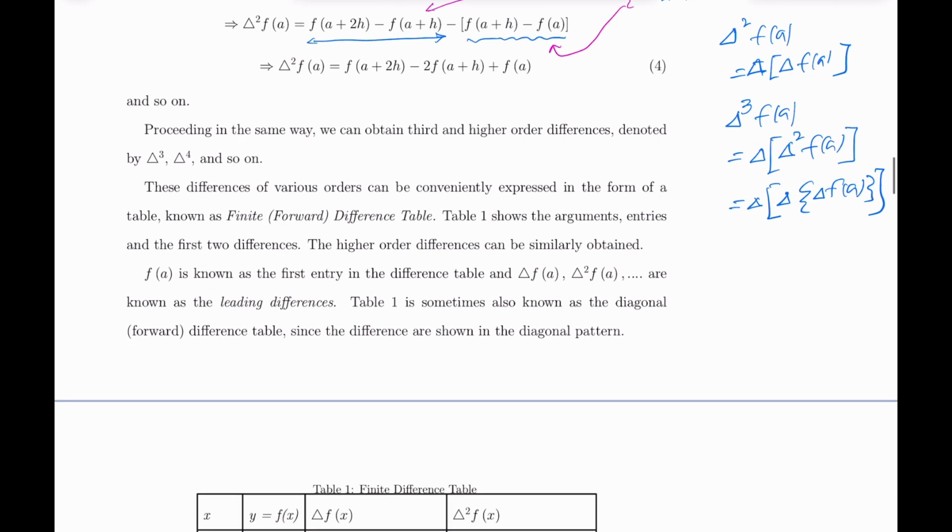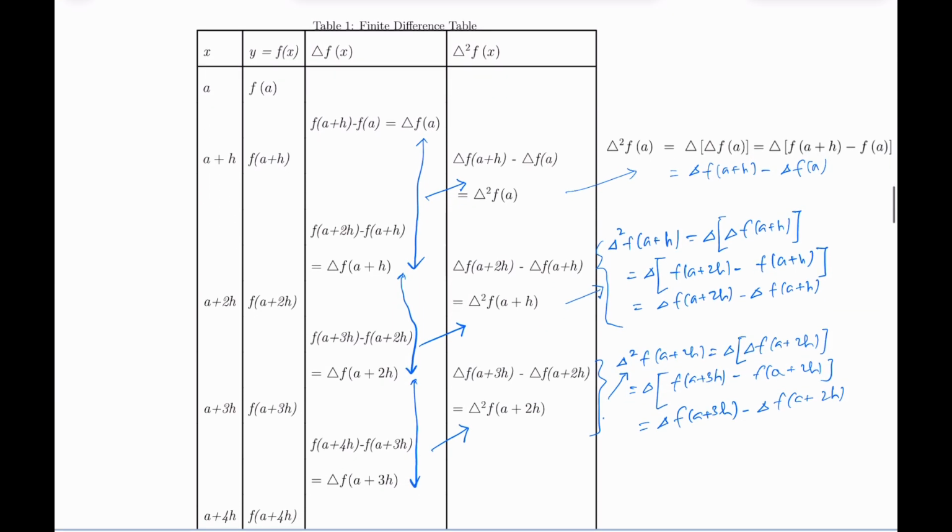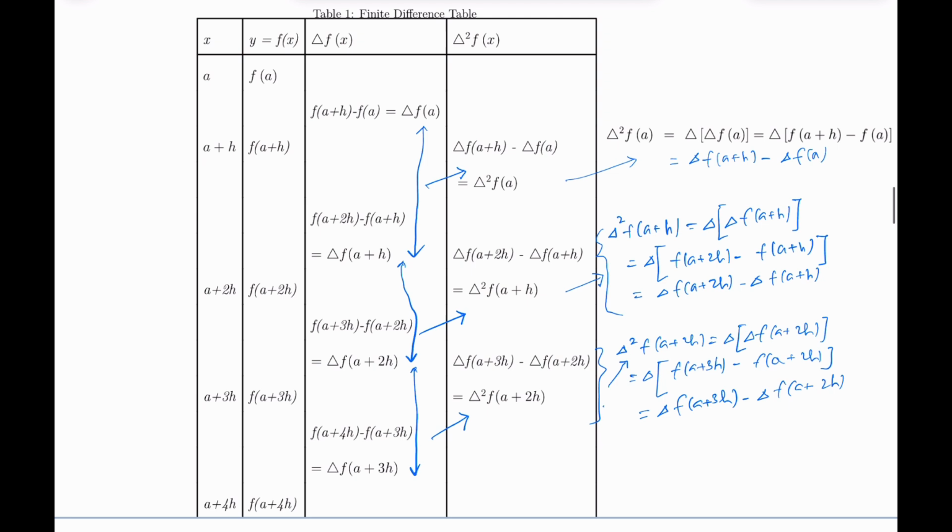Okay, see here. So we have here table 1. It has 4 columns. The first column gives you the argument. The second column gives you the entry. The third column gives you the first order difference, Δf(x). And the fourth column gives you the second order difference, Δ²f(x).